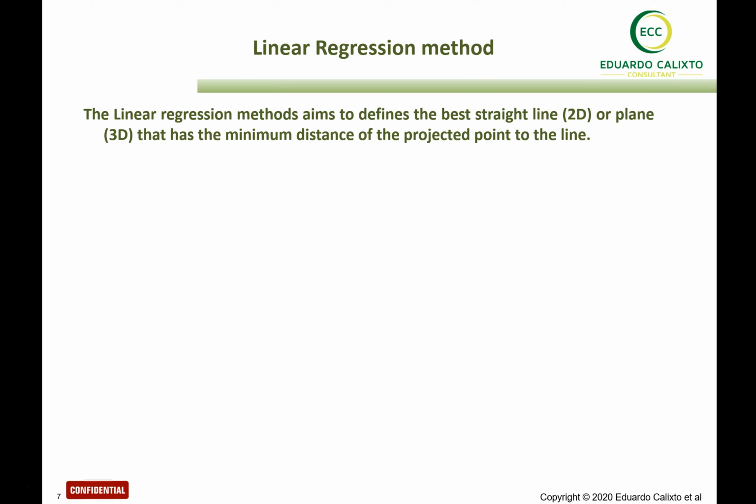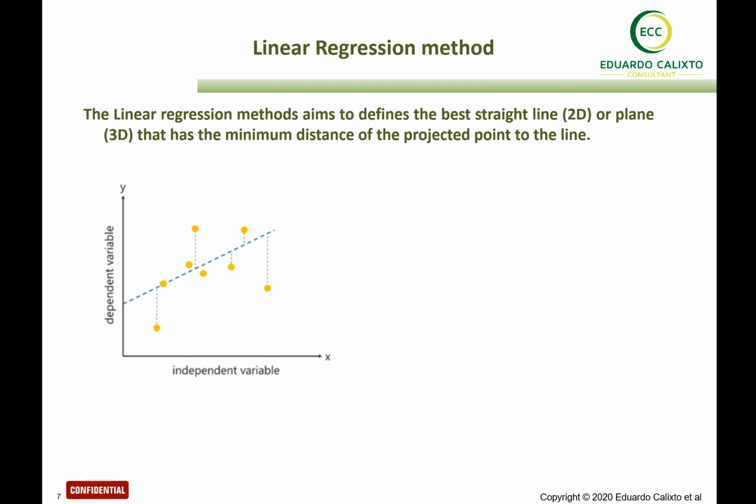The linear regression method aims to define the best straight line or plane that has the minimum distance of the projected points to such hyperplane. So here we have a clear example of different points that are defined for one independent variable and one dependent variable. We need to find the line that best fits these points.